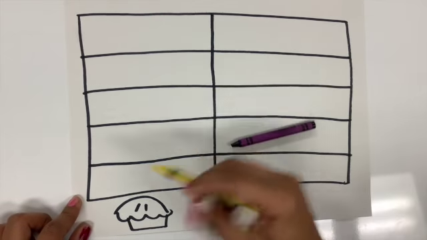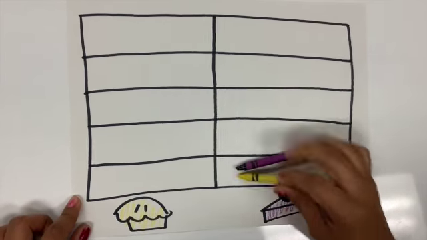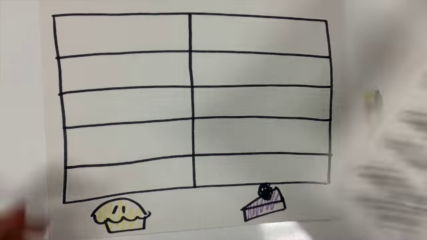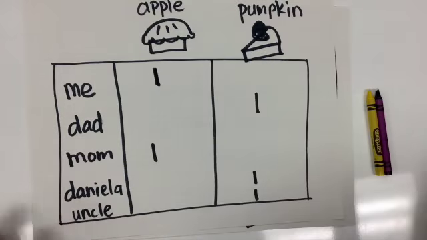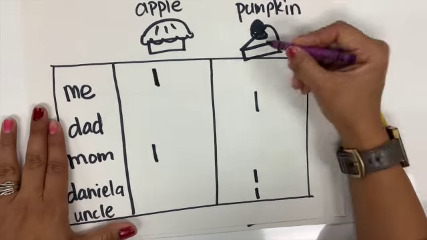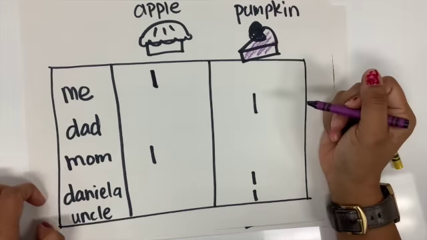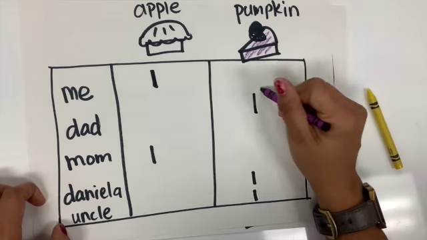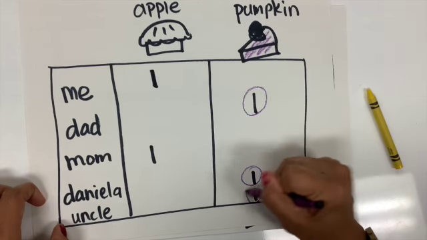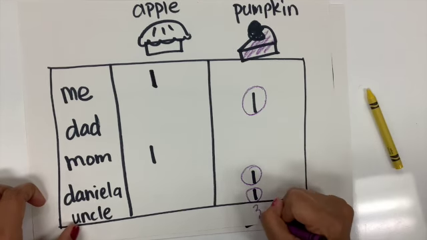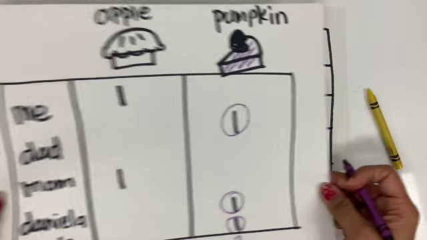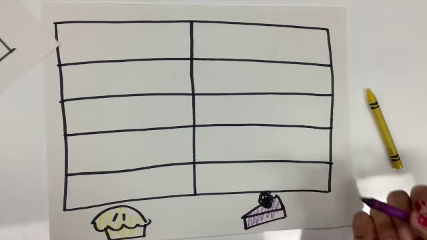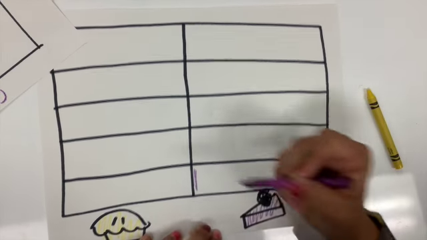Now I take the other piece of paper from part 1 where it has everybody's votes, and I'm going to count how many for my first category right here, which is pumpkin pie. Ready? So in my home, I have 1, 2, 3 votes for pumpkin pie. So I will take that crayon and color in 3 squares for pumpkin pie, just like we did yesterday, remember?